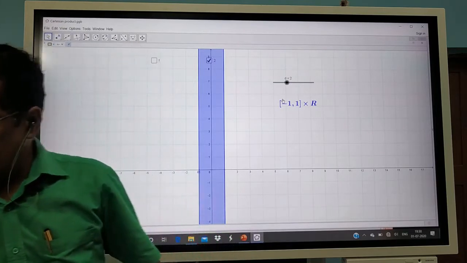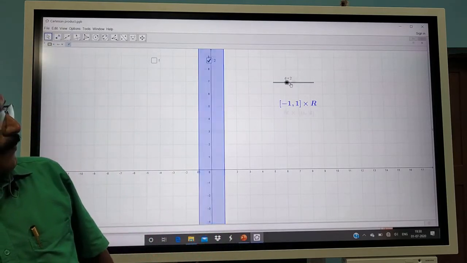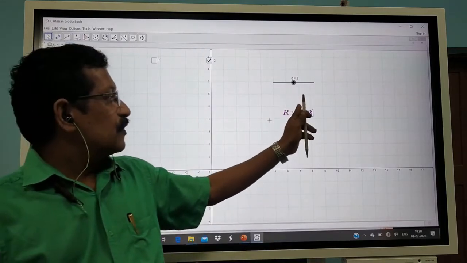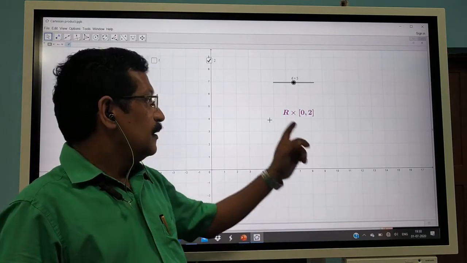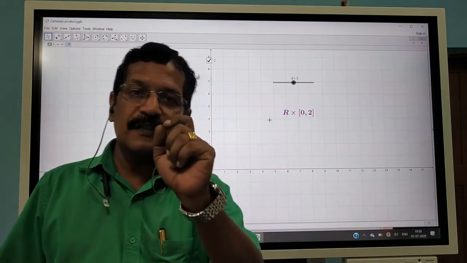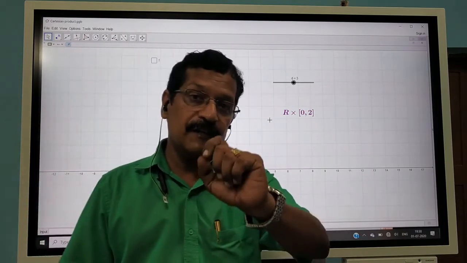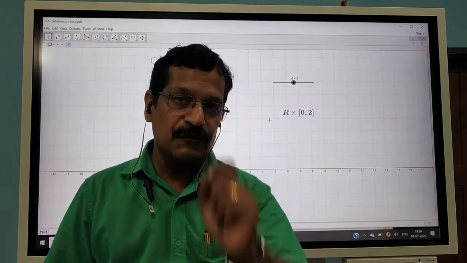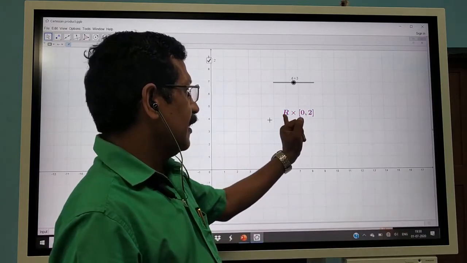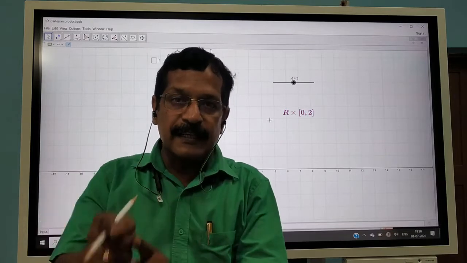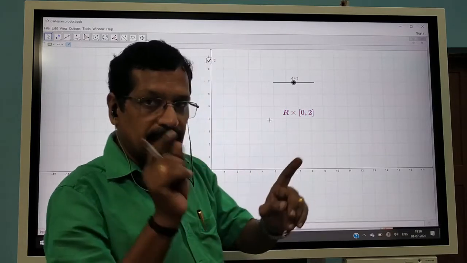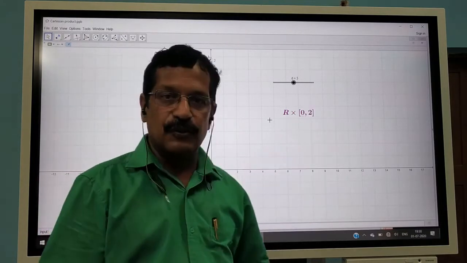Let us think about another example: R cross the closed interval [0, 2]. Here, in the set of all ordered pairs, the first components are elements of the real numbers R, and the second components are elements of the closed interval [0, 2].